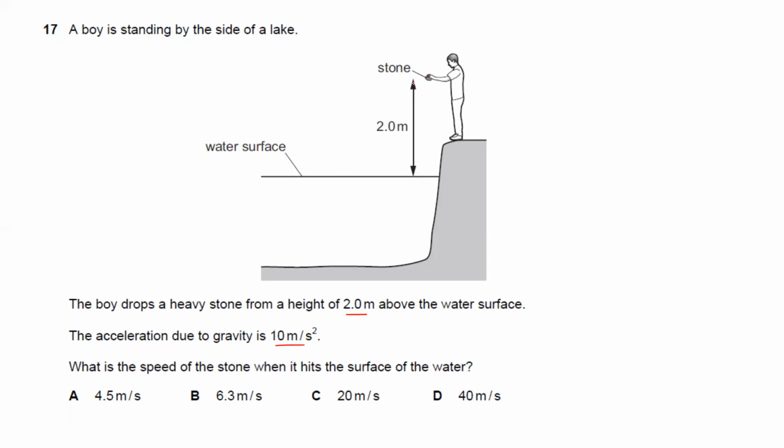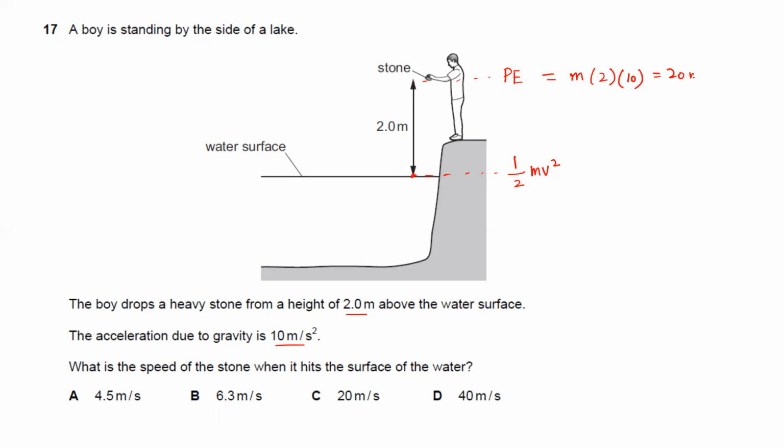Okay, so at this point, remember the stone has some potential energy, and at the bottom the stone has total kinetic energy. So this whole potential energy converts to the kinetic energy. So potential energy at this point is mass of the stone, m, times height 2, times acceleration due to gravity 10.